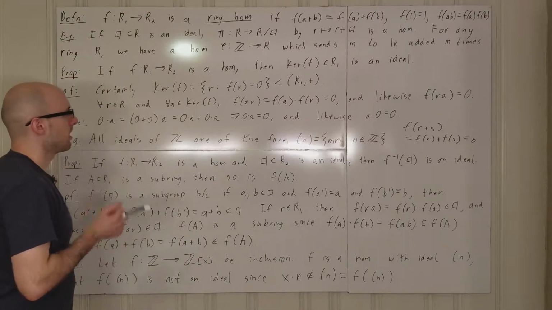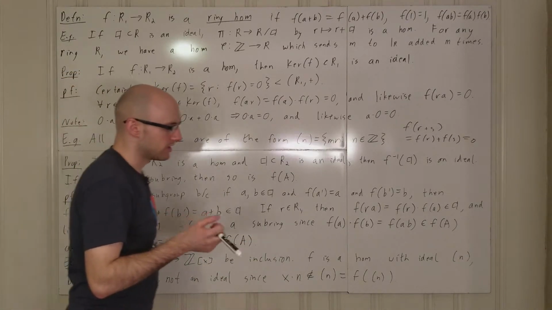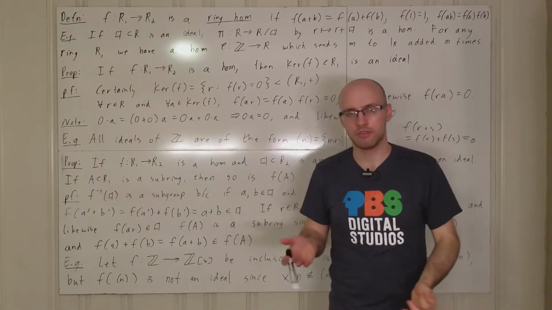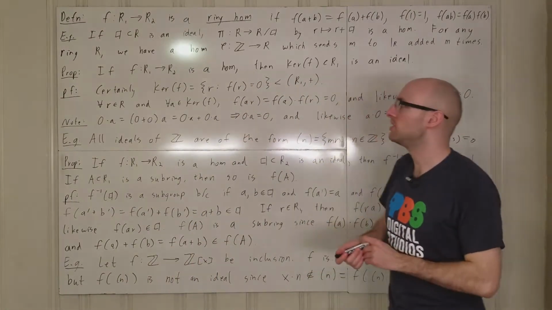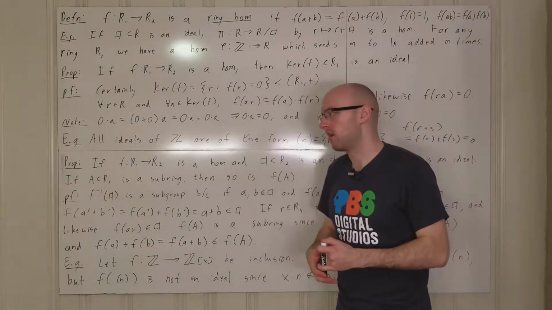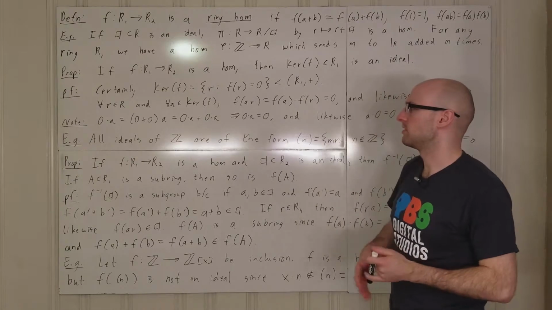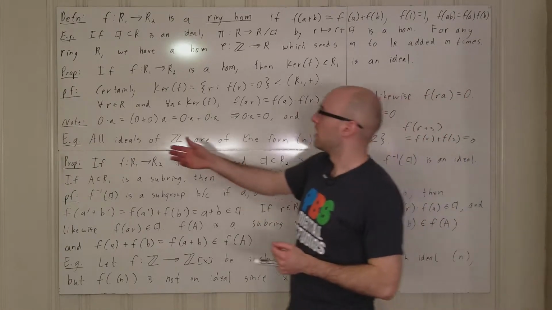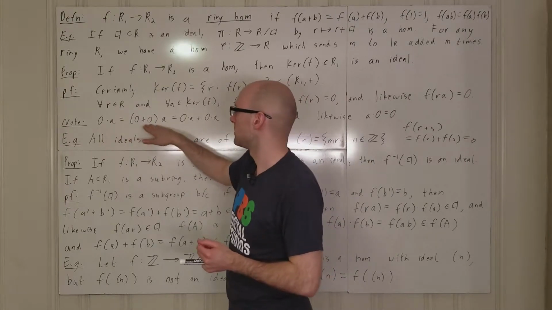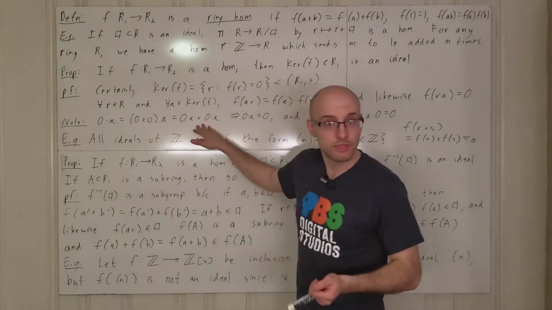All right? And it is important to notice that we're using this fact that anything times 0 equals 0, and that's true, but you don't get it automatically. You have to prove it when you're first starting out with rings. So let's go ahead and prove it. It's pretty straightforward because you just take 0 times a is 0 plus 0 times a, and then you distribute. So we use distributivity here.